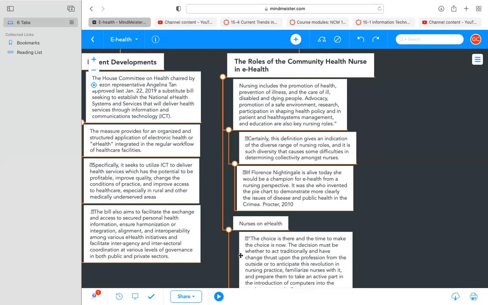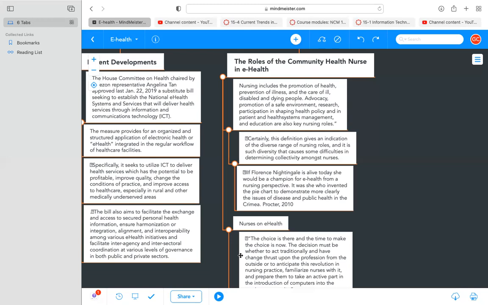So she used her observation and also came up with solutions to the problems that were being experienced by the patients at the time.